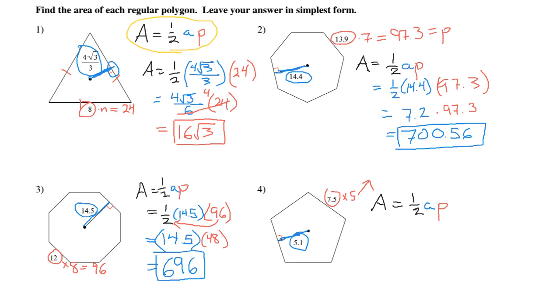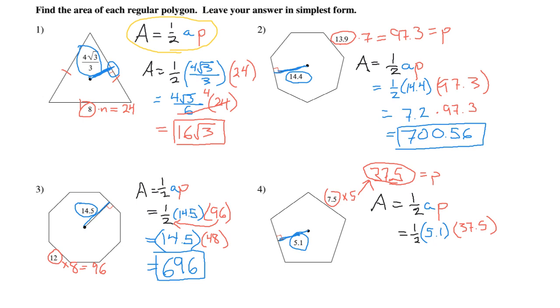Well, 7.5 times 5 is going to give us 37.5. Remember, I'm always taking the side length and multiplying by the number of sides to get that perimeter. Okay, so there is our perimeter. So if we plug some stuff in, 5.1 was our apothem. Our perimeter was 37.5. And we have to multiply all that by half, which is the same as dividing by 2.